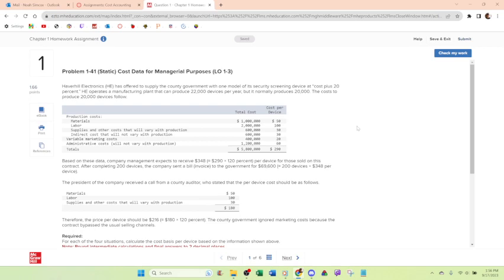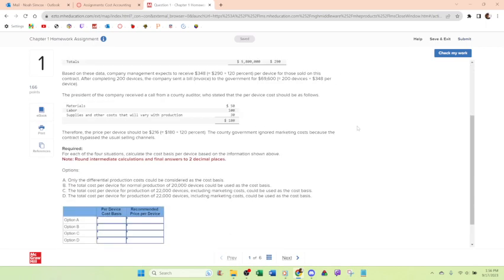They're saying non-differential costs related to production don't even count, which is very strange. It makes sense to ignore the marketing costs for that reason, but I don't know.